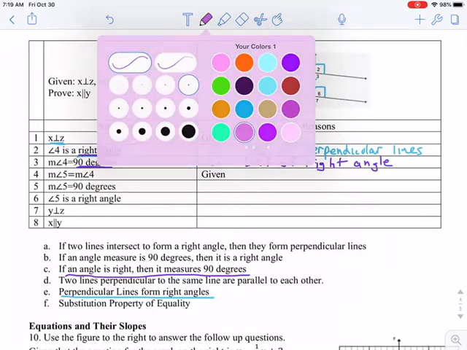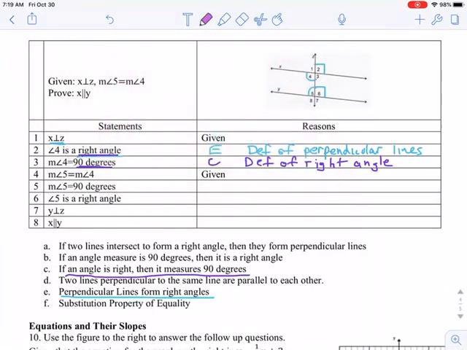Now, 4 equals 90 degrees, so I can substitute in 5 for 4 and create this one. This one's just substitution of equality, F. Let me even put F there, because I want you guys to put these letters there.